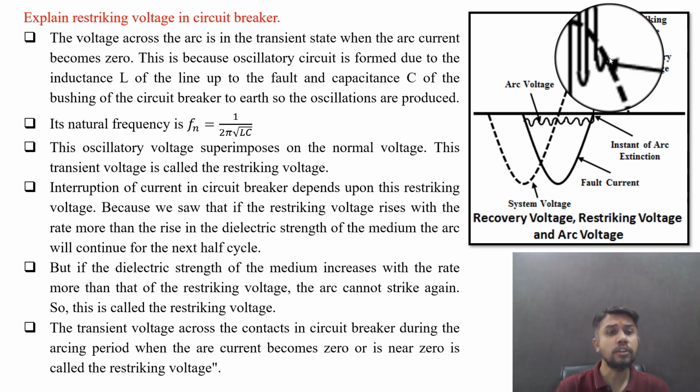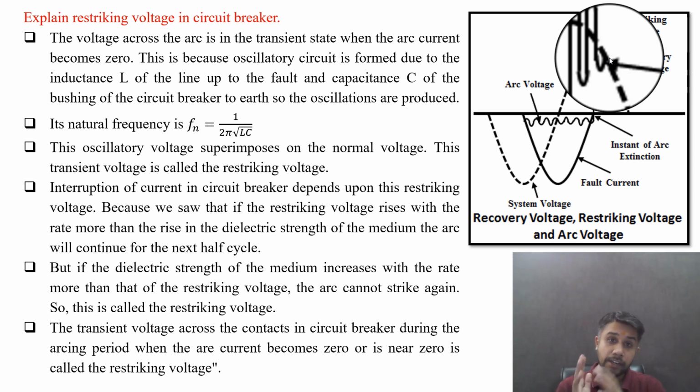The interruption of the current in a circuit breaker depends upon the restriking voltage. If the restriking voltage rises at a rate more than the rate of rise of the dielectric strength of the medium, then the arc still persists and will continue for the next half cycle.